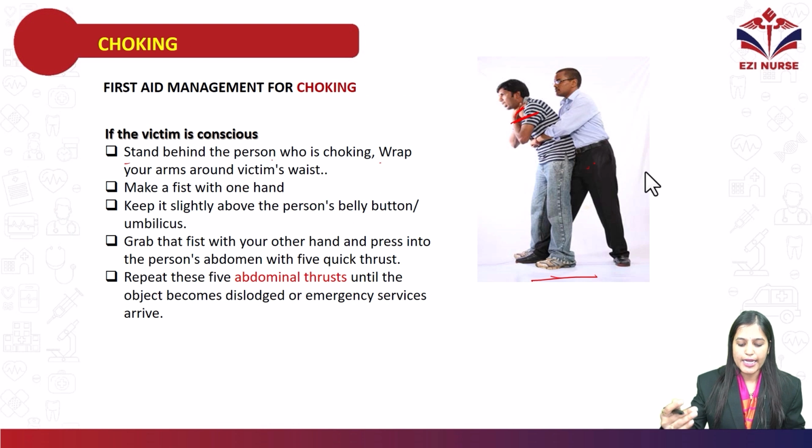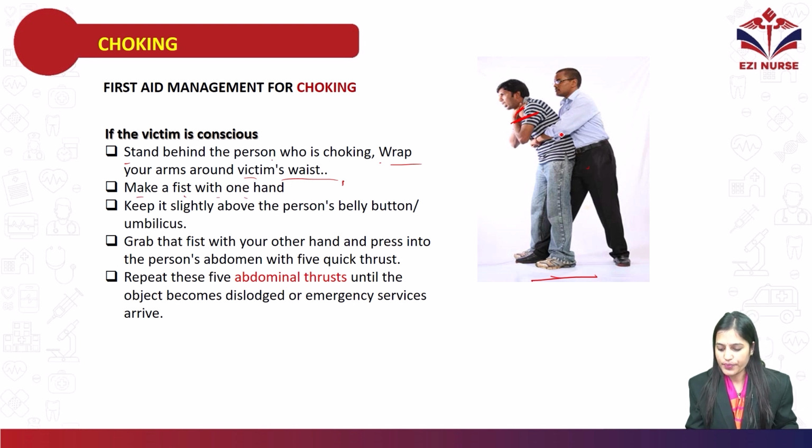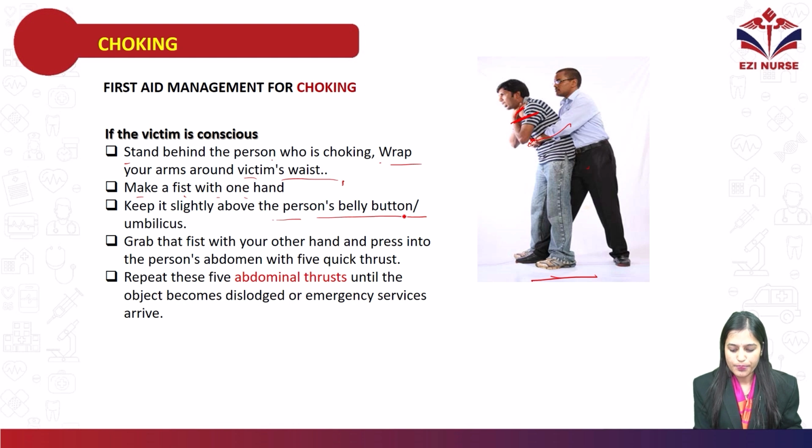First, you have to stand behind the person who is choking. Then wrap your arms around the victim's waist. Then make a fist with one hand. See the hand, one hand they are keeping on the abdomen of the victim. Keep it slightly above the person's belly button, at the umbilicus part.